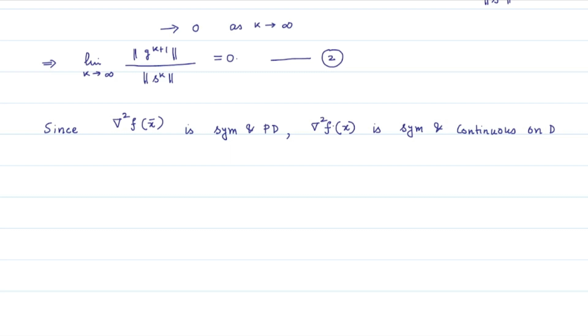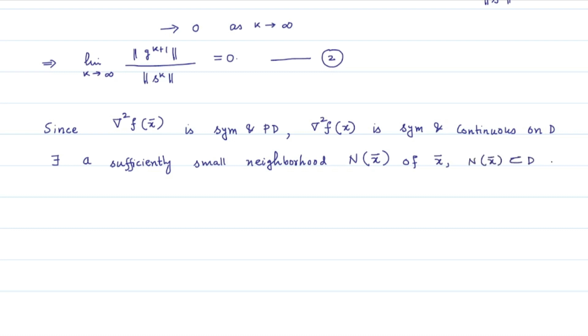So due to these two conditions, we have a sufficiently small neighborhood, say N of x bar, of the point x bar, where this N of x bar is inside the set D, in which the Hessian is symmetric and positive definite.